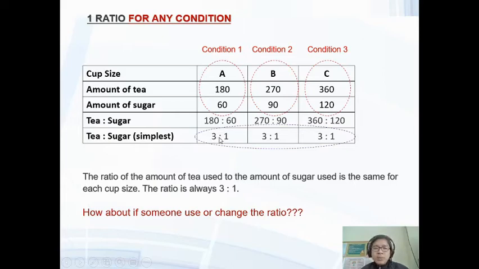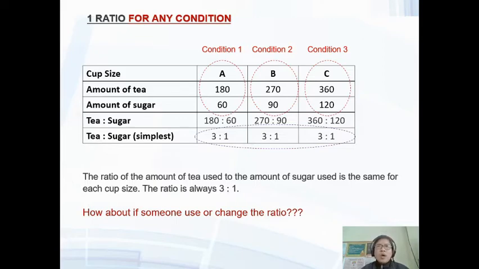Yes, it will maybe be too sweet for the iced tea, right? Or maybe if we increase the amount of the tea, so this one is not 3 anymore, but let's say 4 or 5 to 1, what will happen? The taste must not be balanced anymore, right? It will be more bitter than before, right?